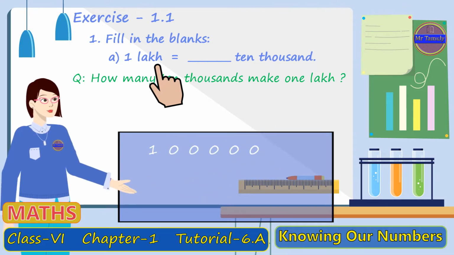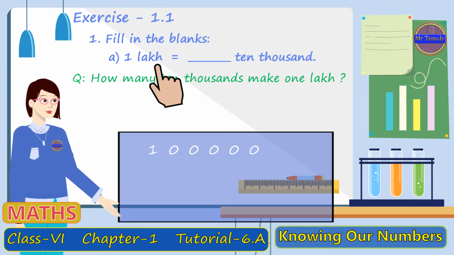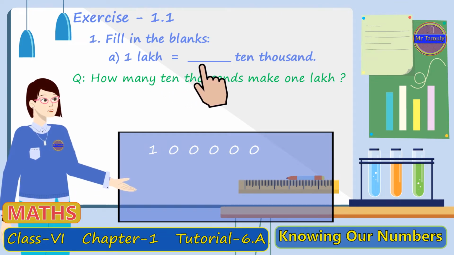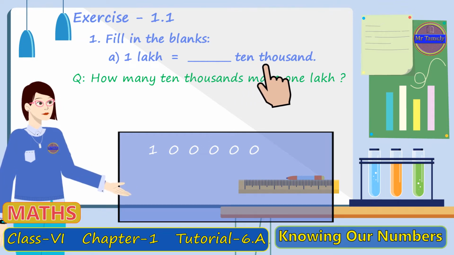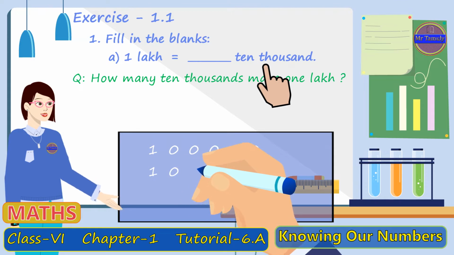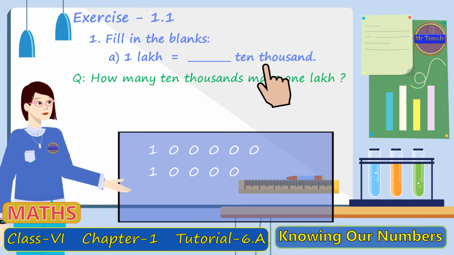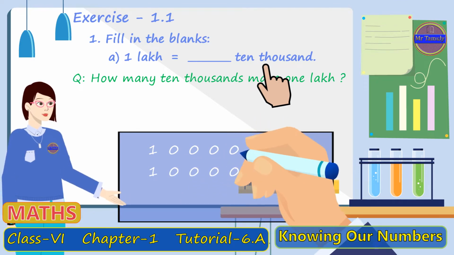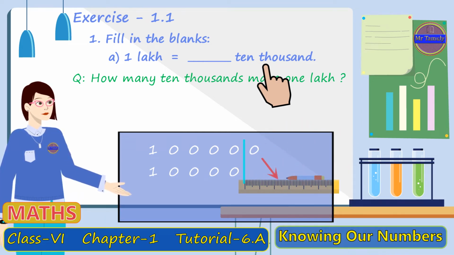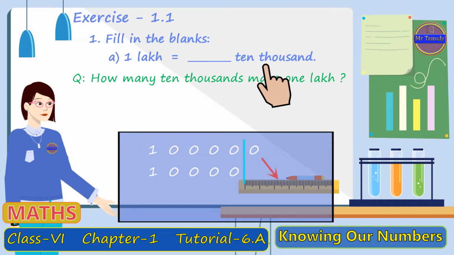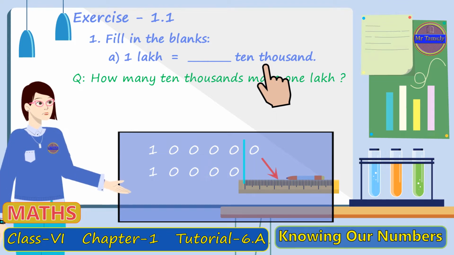Below this number we shall write the other number which is on the right hand side of the equal to sign. The number is 10,000. So we write 10, 0, 0, 0. As you can see, 10,000 has got 1 zero less as compared to 1 lakh. So, very simply, the answer to our question is 10.